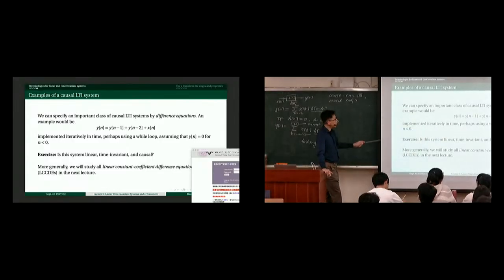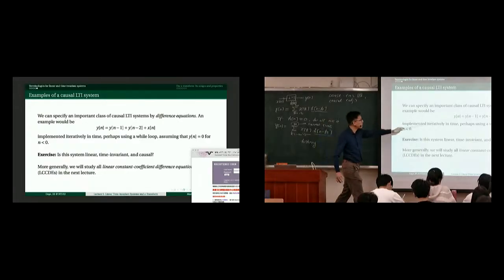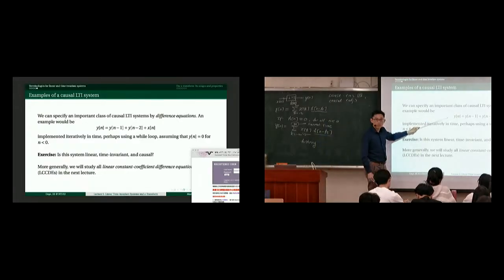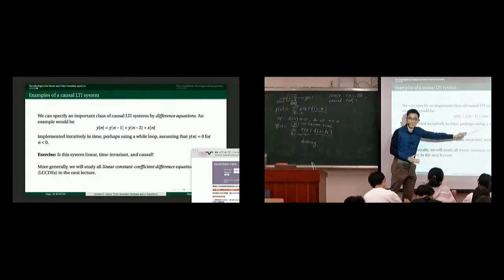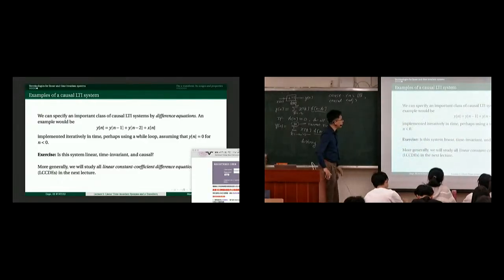You can compute it with probably one line of C, or one line of MATLAB, one line of Python. So that's why we are mostly interested in LTI systems that can be defined by difference equations like that, with y[n], the current output, on the left-hand side of your equation, and everything else, linearly combined, on the right-hand side of the equation.